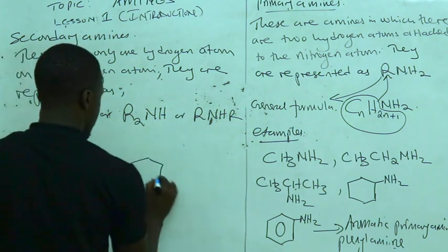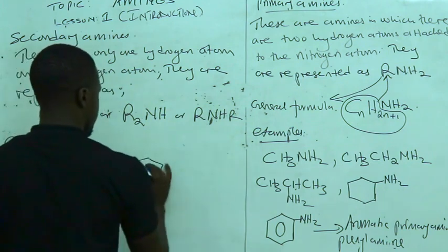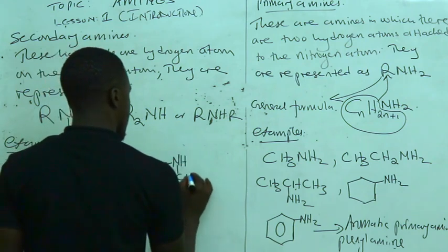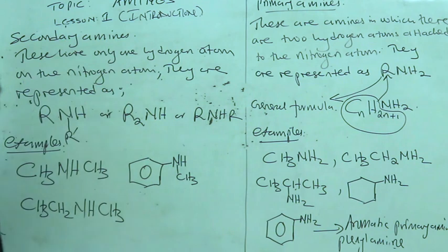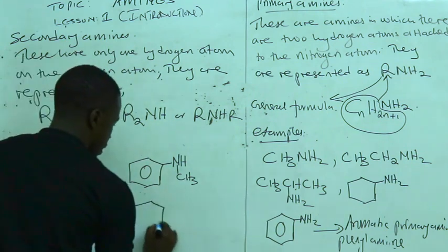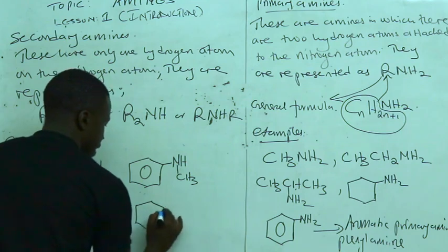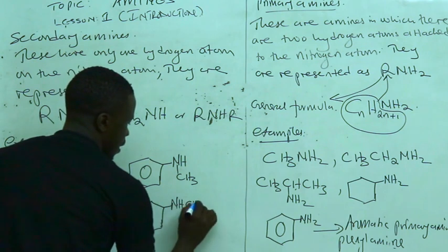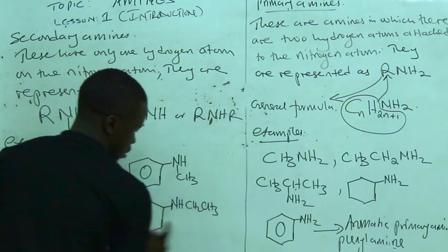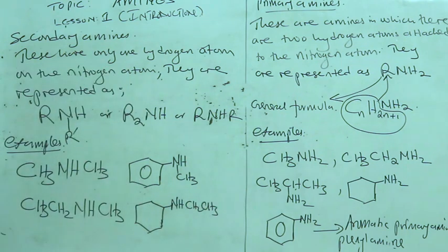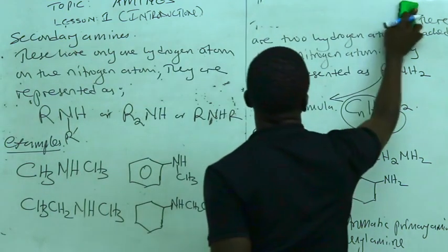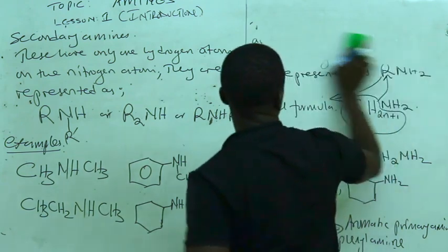I could have it aromatic, but instead of two hydrogen atoms, there is another alkyl group, that is a secondary amine. It could be cyclic, but instead of two hydrogen atoms, there is another alkyl group, then that one is secondary. It could even be having two aromatic rings.